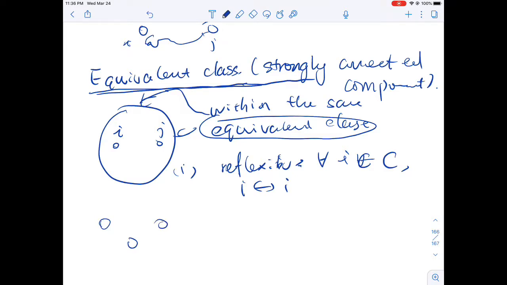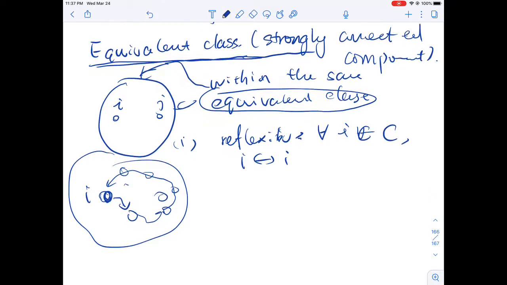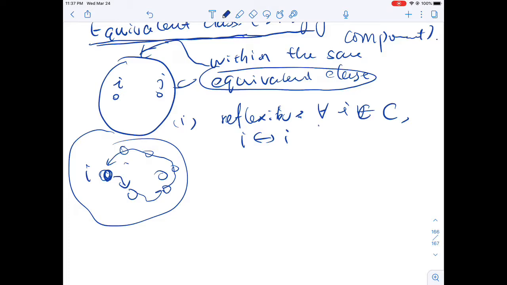That means if I start with a node i in this graph and start walking, eventually I will be able to find a way back home. So there at least exists some way to be back home. We will discuss this issue a bit later, but it's also possible that we can always get back home, but the expected time to get back home is infinite. So this is reflexive.